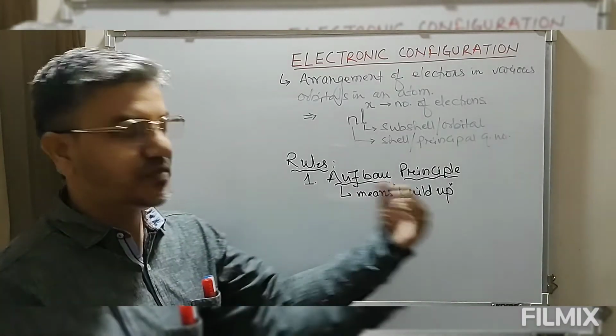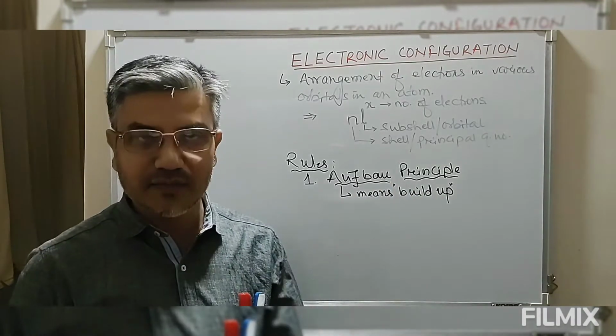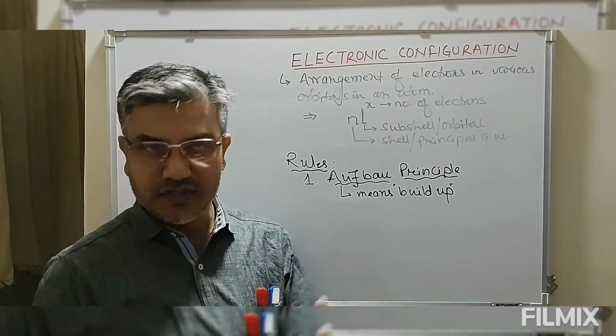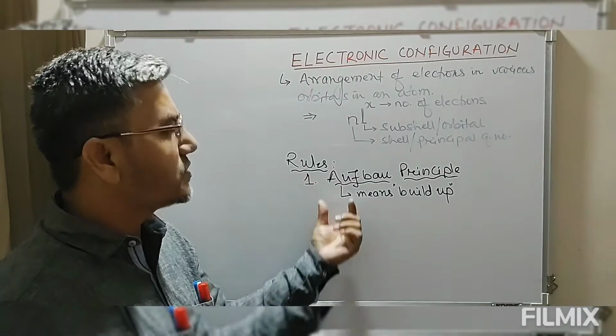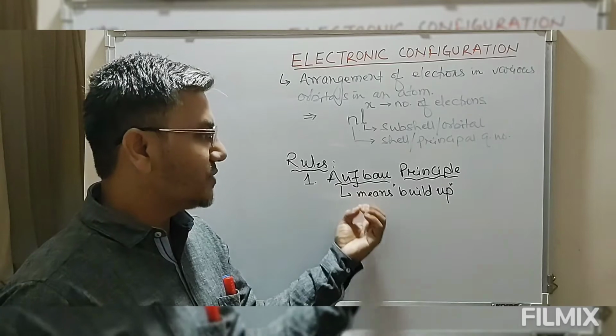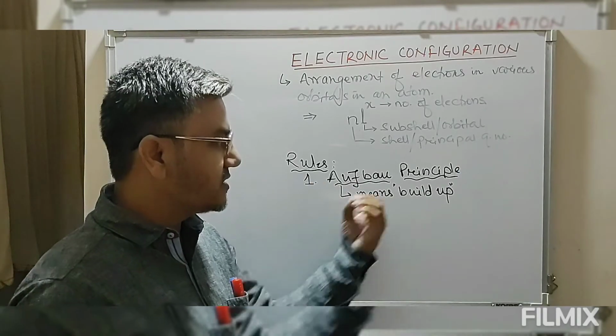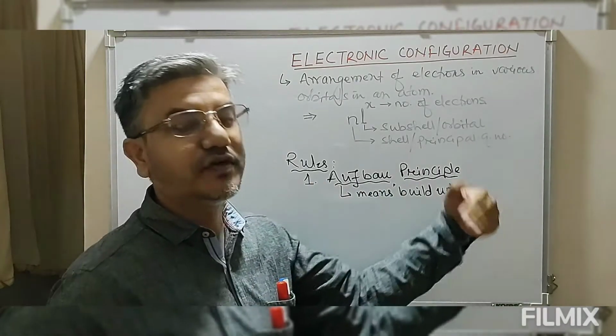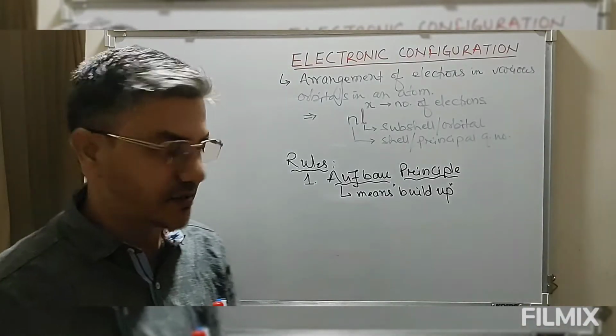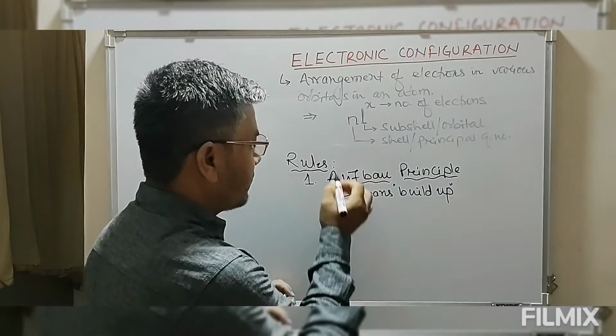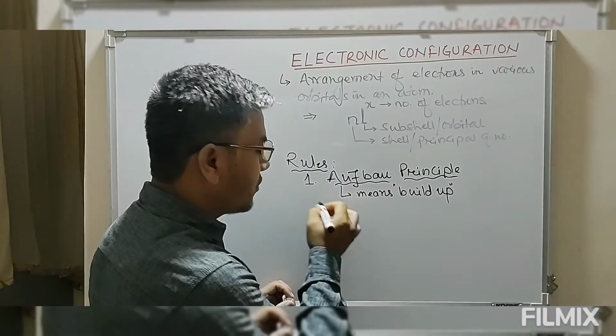Normally these principles are associated with the name of the scientist who gave the principle, but in this case Aufbau is not the name of a scientist, but a German word which means buildup of electrons in various orbitals. So the first rule is the Aufbau principle or Aufbau rule.